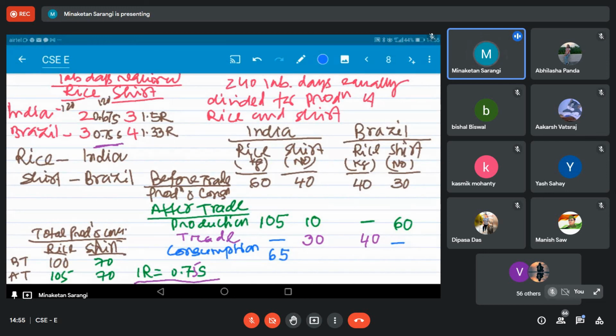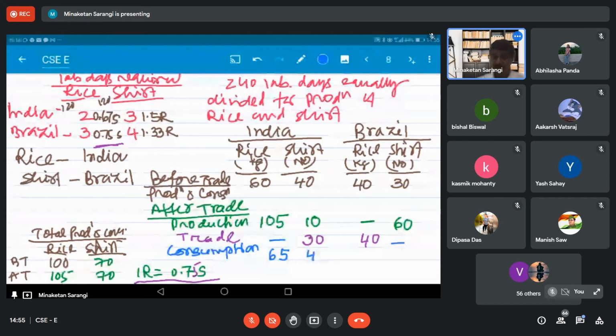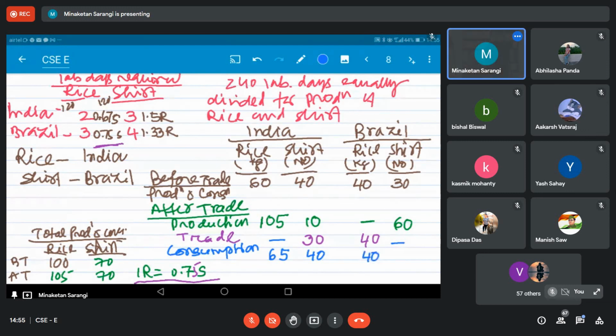What is the consumption of sat? Producing 10 and purchasing 30, total will be 40. What is the consumption of rice by Brazil? No production, consuming 40, total will be 40. What is the consumption of sat? Producing 60, selling 30, remaining 30 for consumption.